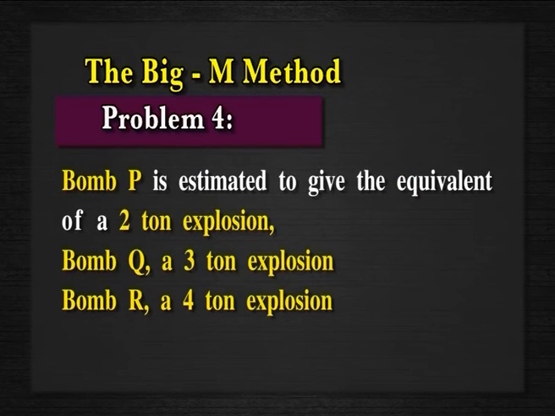Bomb P is estimated to give the equivalent of a 2-ton explosion, bomb Q a 3-ton explosion and bomb R a 4-ton explosion respectively. Under what production schedule can the Air Force make the biggest bang?